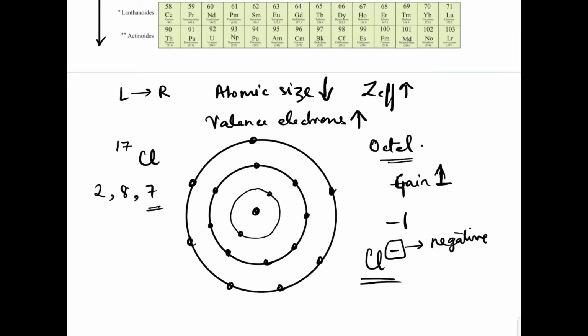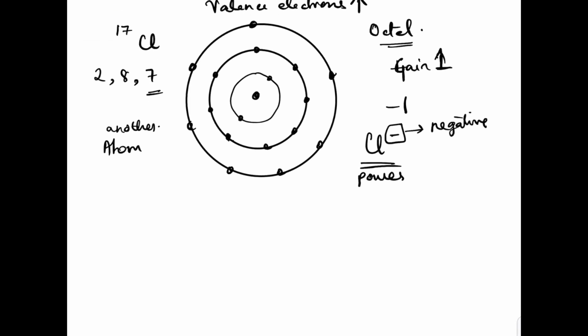It wants electrons, and as soon as it comes across another atom from which it can easily gain an electron, chlorine has that capacity to gain that electron quite swiftly and efficiently, and so it's more electronegative, and it has the tendency to hold and hog more electrons.